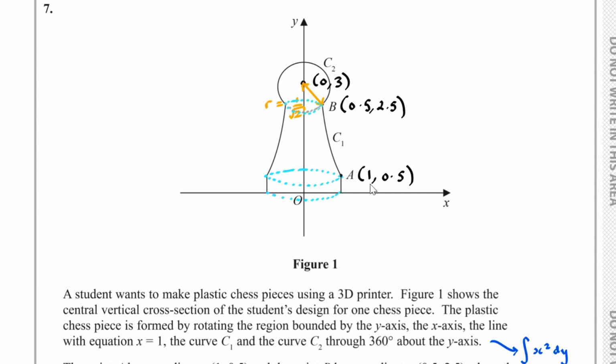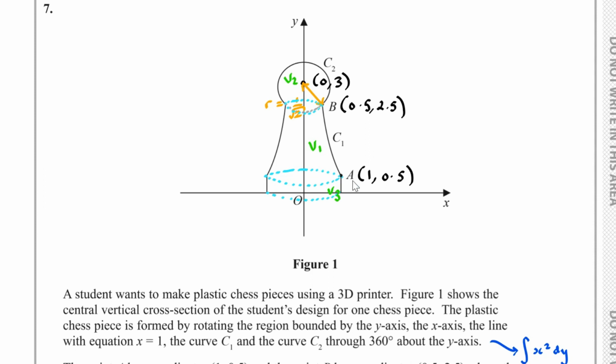So hopefully you can see what this will look like in 3D once we rotate it. So let's call this middle bit V1. We'll call this top one V2, and we'll call this bottom one V3.